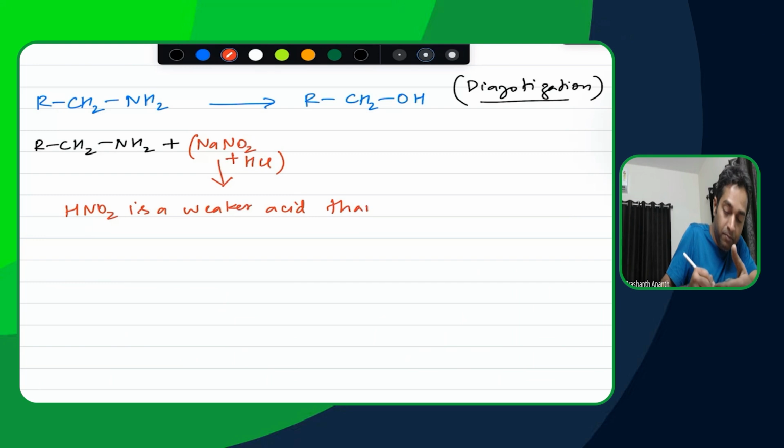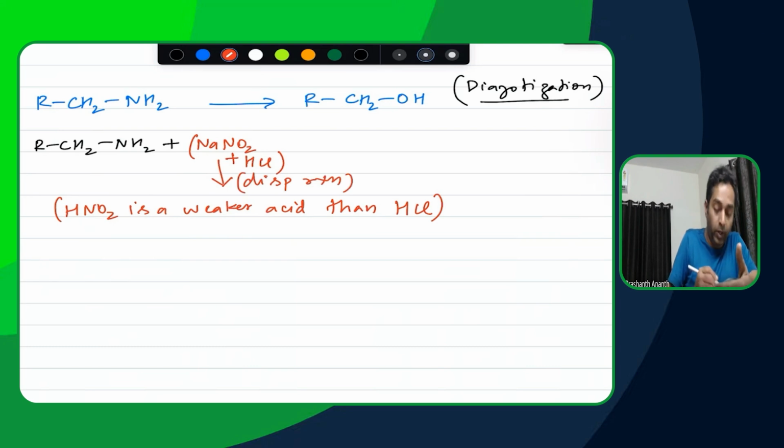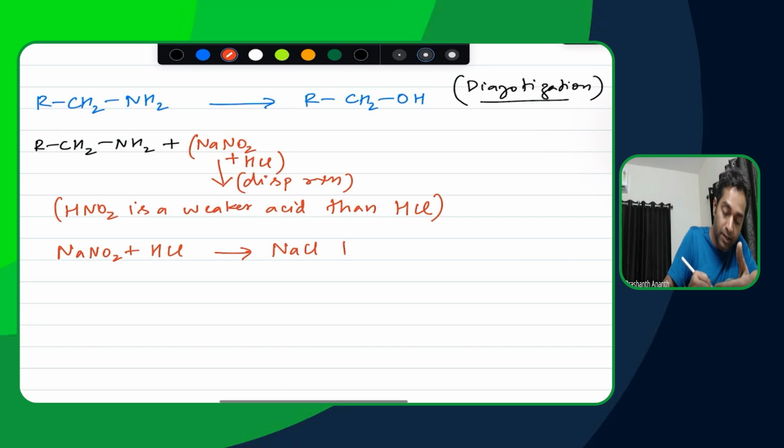So if it is a weaker acid than HCl, what will happen is a regular displacement reaction. NaNO2 and HCl will react to give you NaCl and HNO2.